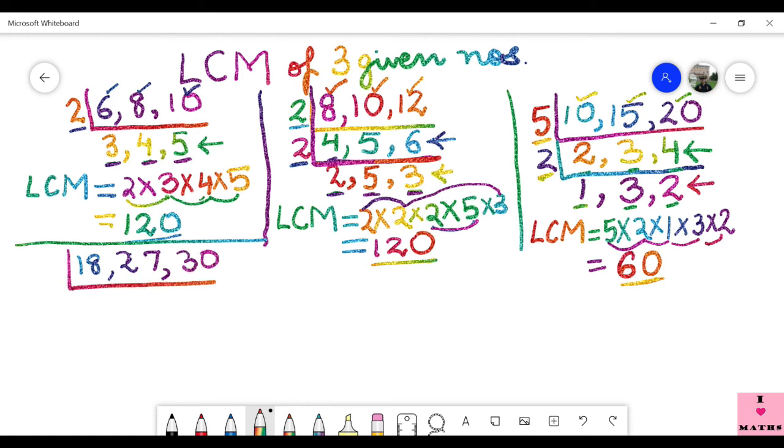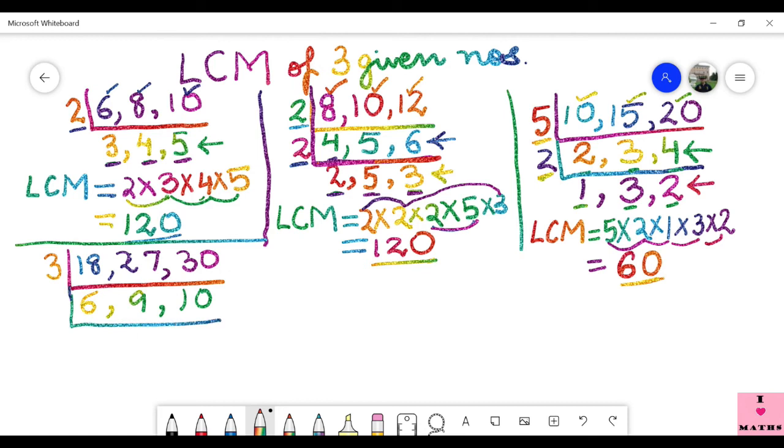Let us put them in L. Now the number which will divide 18, 27 and 30, all three numbers, that prime number is 3. 3 6s are 18. 3 9s are 27. And 3 10s are 30.